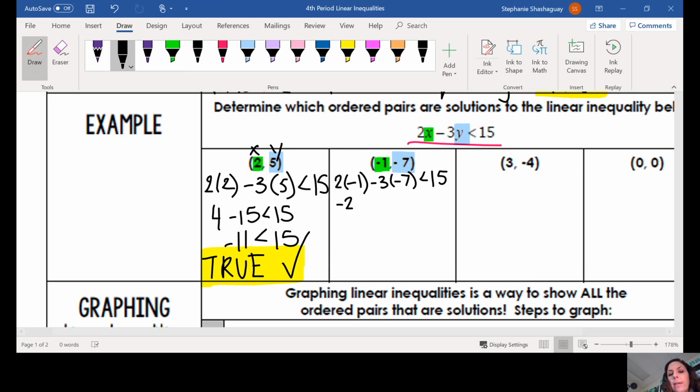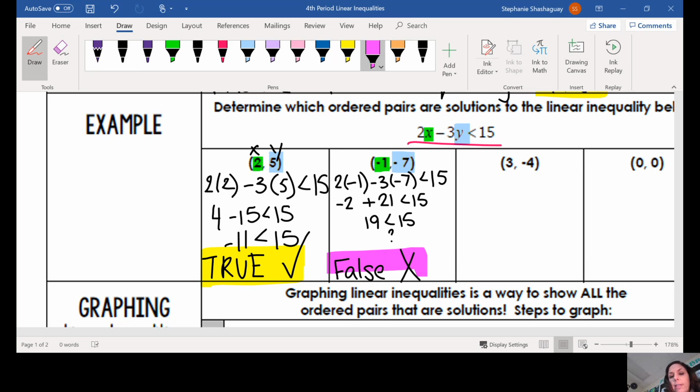Negative 3 times negative 7 is a positive 21. Is that less than 15? Well, negative 2 plus 21 is going to give me 19. Is 19 less than 15? That is false. So that is not a solution to this problem. It is a false statement, so it is not a solution. Okay? No.